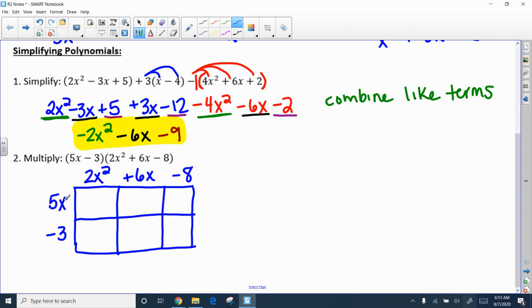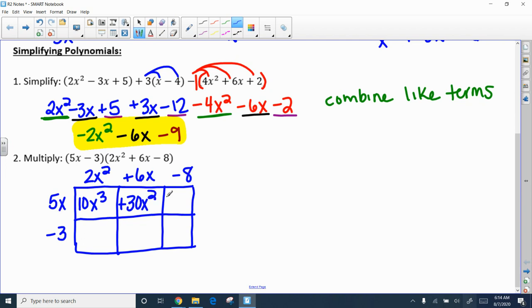So right here, if I have 5x times 2x squared, I'm going to get 10x cubed because I'm multiplying the numbers. 5 times 2 gives us the 10. For the variables, we have x times x squared. This is like an x to the first times x squared, so I add those, and I get 10x cubed. I add the exponents.